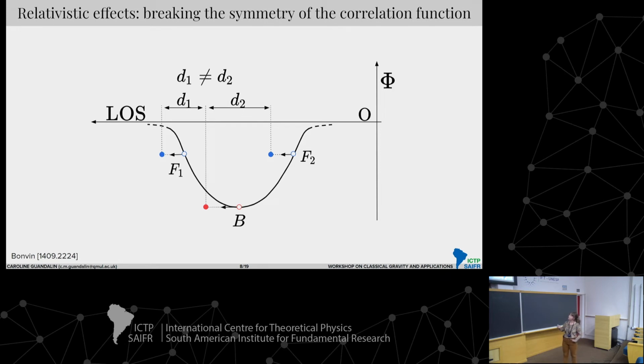So these two galaxies here that I'm calling faint, so these are two different types of galaxies, will emit photons that will have to climb a certain amount of gravitational potential in order to escape and reach us here. So these two galaxies will suffer a particular redshift, and instead of being located here, we will think that they are actually at these positions.